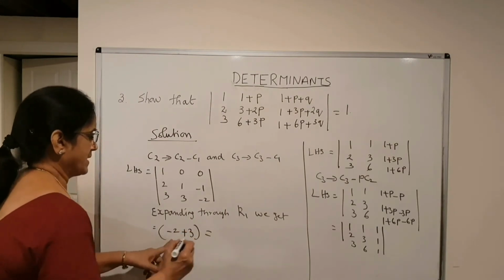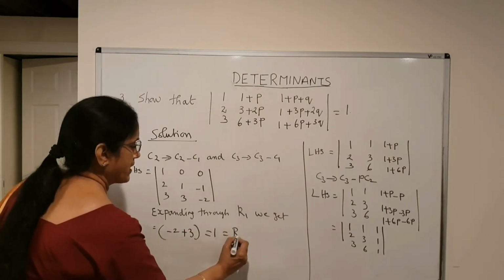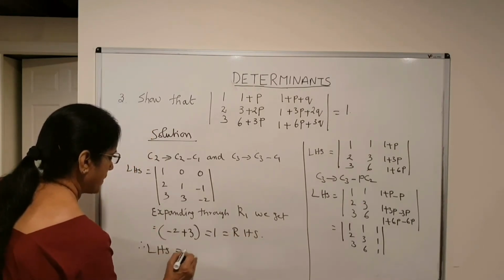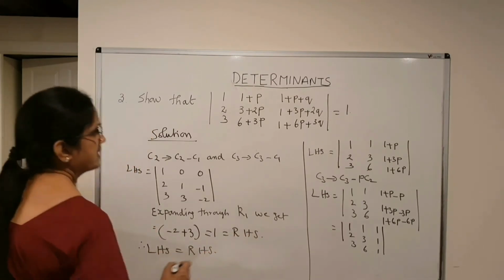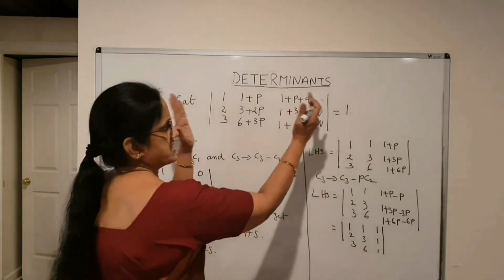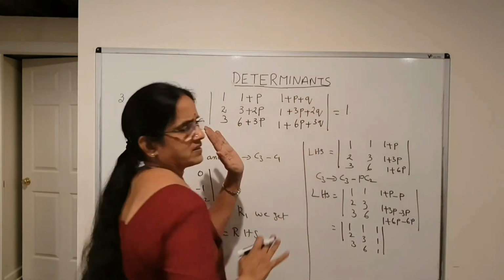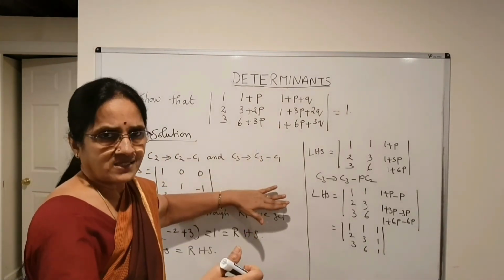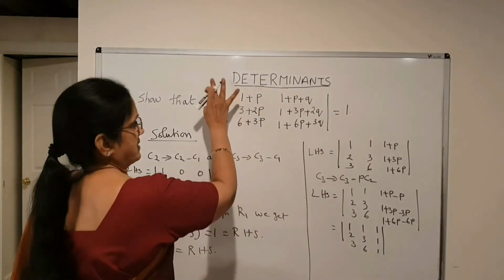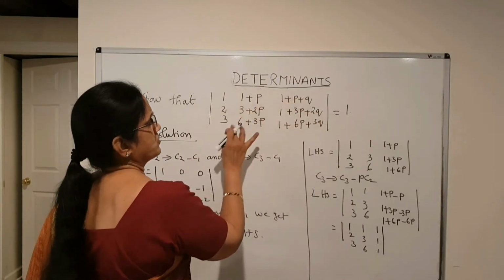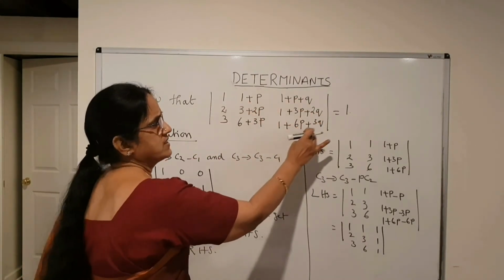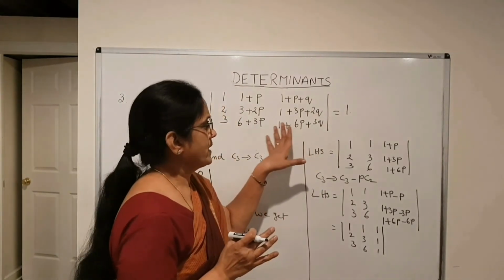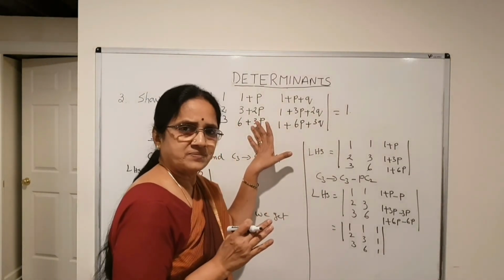So, plus 3 minus 2 is 1, which is equal to your RHS. Therefore, LHS equal to RHS. Then you should write this determinant is equal to 1. With that, the question will be over. You need to write your answer. Hence, the value of the determinant 1, 2, 3, 1 plus P, all these things you should write, which is equal to 1. Hence, proved. That will be your concluding answer.